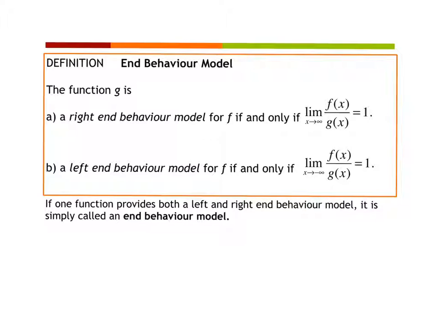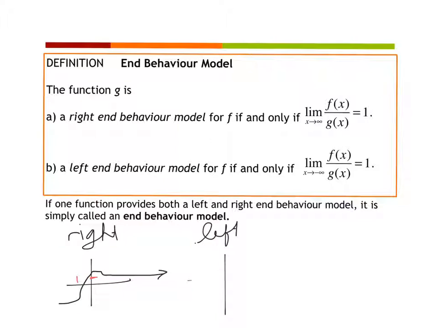So I'll just show you a drawing of them so you can understand what I mean. If you had a right one, it could look like that, and that is at 1. A left one would be the same thing, but on the other side. So you have some kind of graph like this, and its asymptote is at 1.